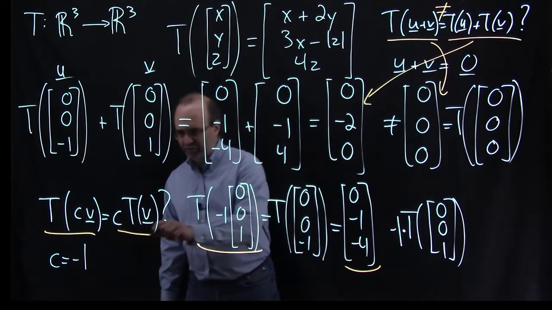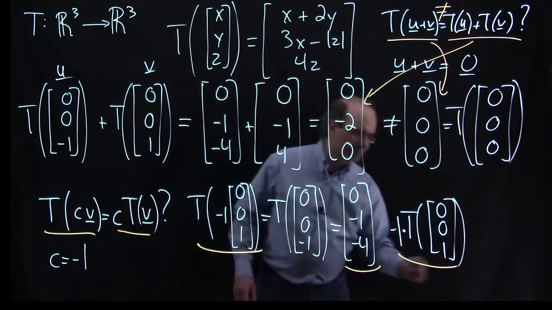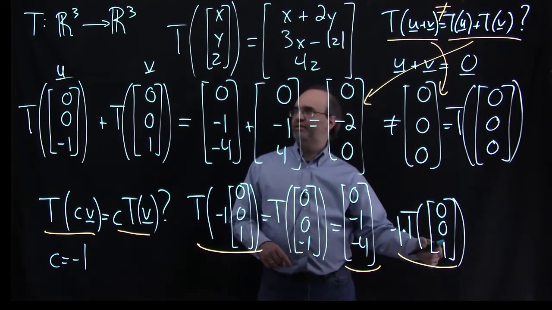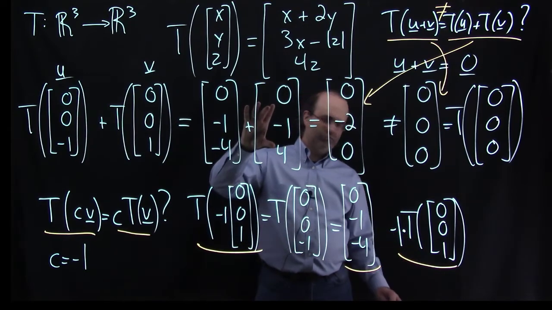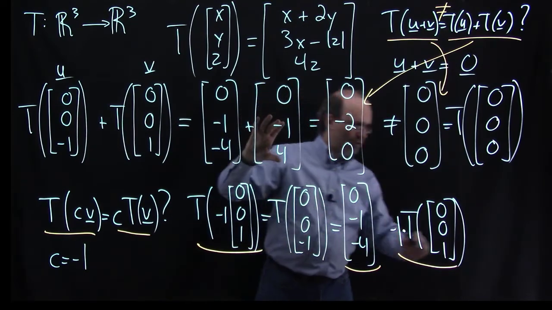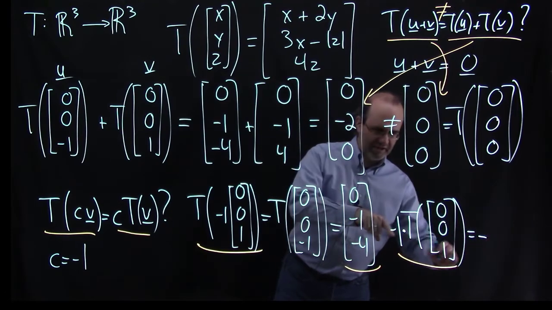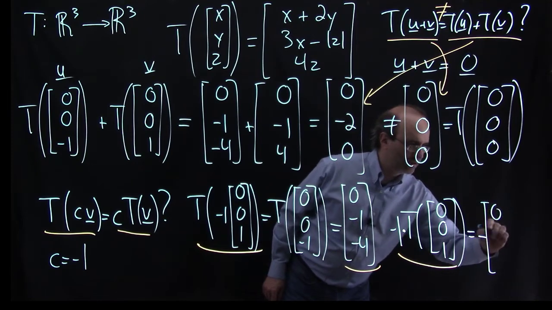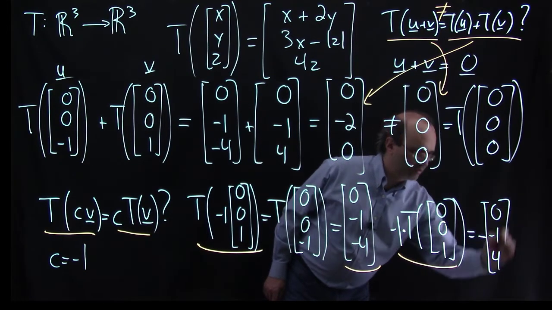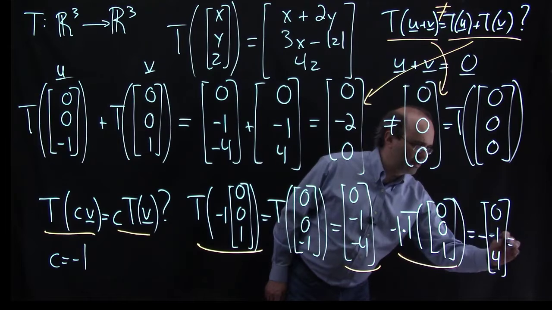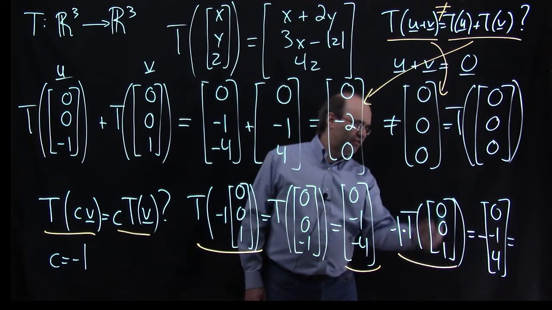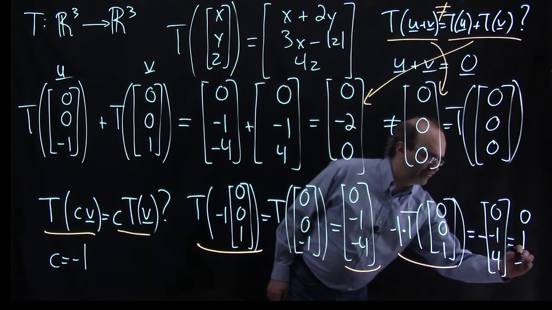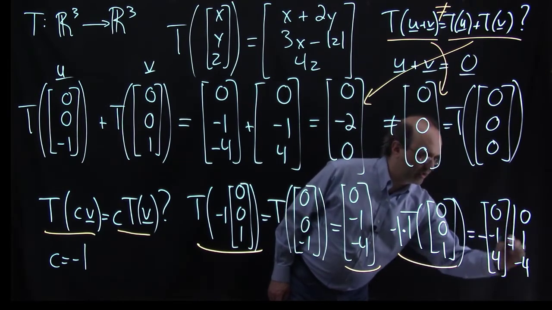Now I want to check if it's equal to this. T of (0, 0, 1) is actually this vector, (0, -1, 4). I still have the minus sign in front. If I put the minus sign inside the vector, I just change all the signs inside the vector, so I get (0, 1, -4).